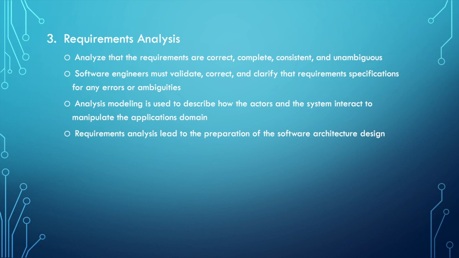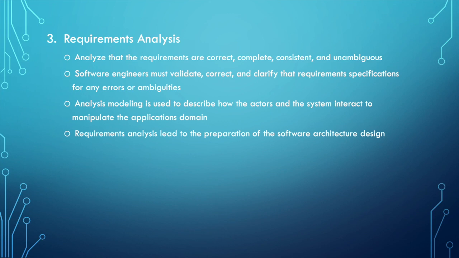So after you have extracted the use cases and the corresponding user interface for each use case, we must determine whether the requirements you have elicited are correct, complete, consistent, and unambiguous.